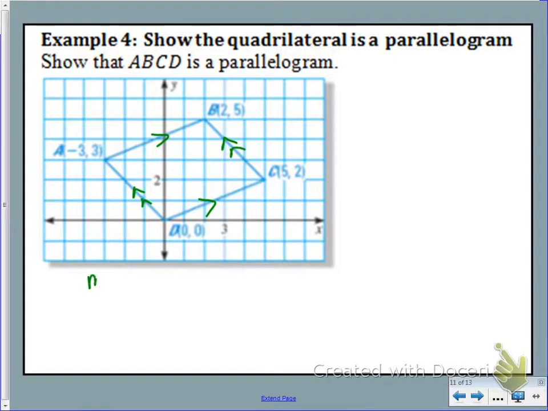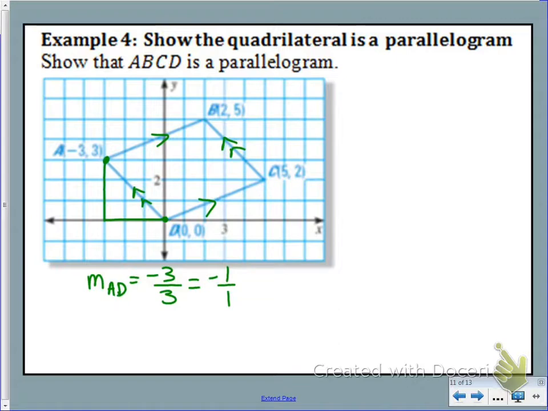So the slope of AD, I'm starting at A and running to D, so I'm falling 3 units and running 3 units. So that is a slope of -3 over 3. We know it's a negative slope because it's going down from left to right. So that would simplify to be -1 over 1.